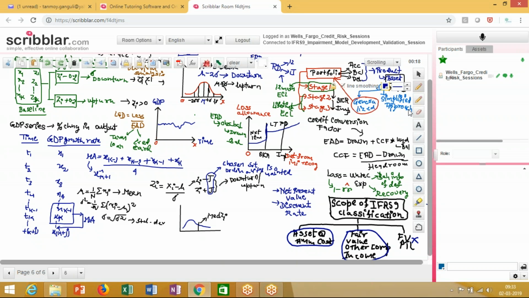But before that, a very important concept associated with IFRS 9 valuation is the concept of fair value, because all the assets have to be appraised at fair value.